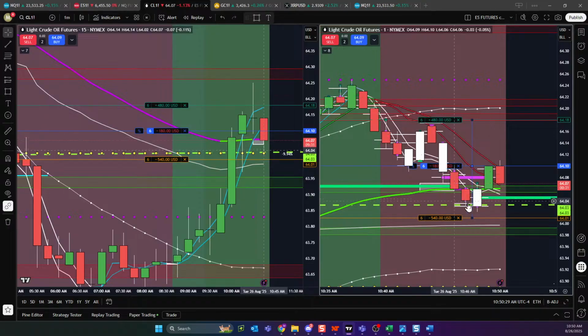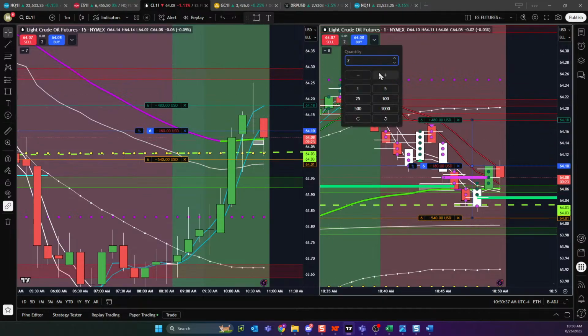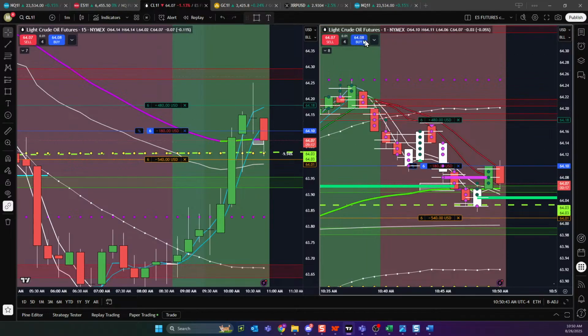We waited for the pullback to the area inside of triggers. We waited for the close on the correct side of the triggers. I did not mean to get in 4. Whoops. Or 6. That was me just being happy. So I'm going to get rid of 4 of those. And let's go back to a 2 lot, and now the risk doesn't seem so crazy, right?